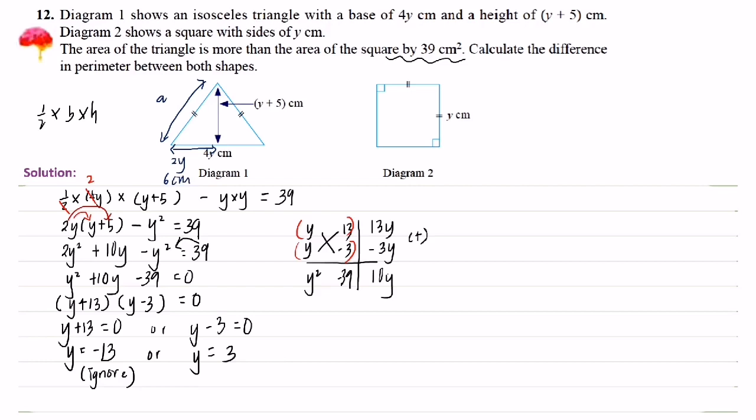And the height is 3 plus 5 equals 8 centimeter.